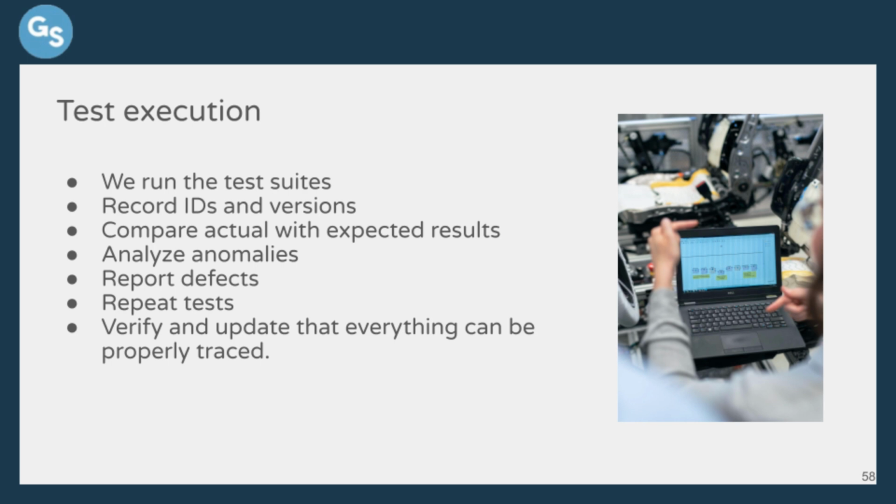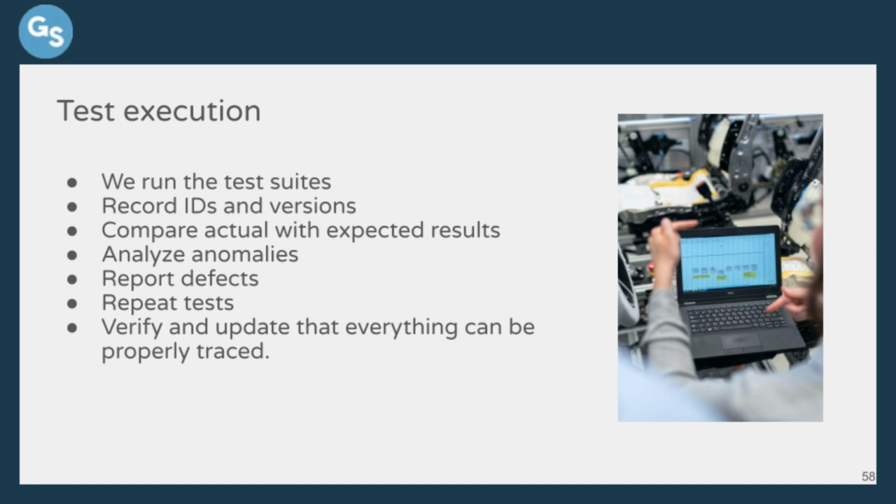This phase involves several key activities. First, they record the IDs and versions of the test items, tools, and materials. Testers execute tests either manually or with automated tools. Next, they compare the actual results to the expected outcomes. If they find any differences, they analyze anomalies to determine their causes, as issues may arise from defects in the code or could be false positives.